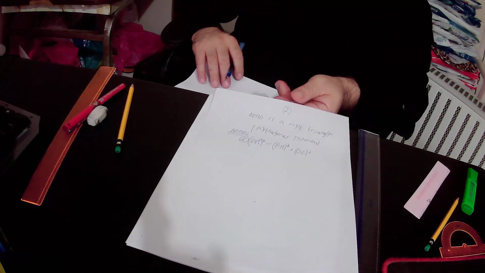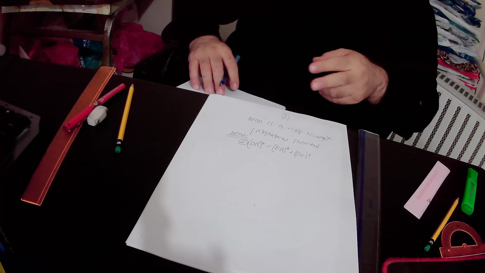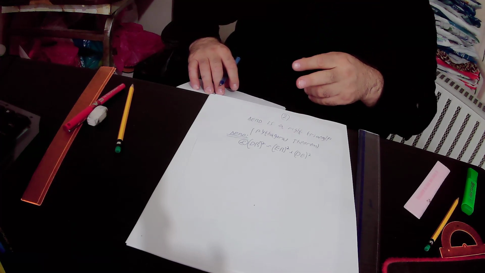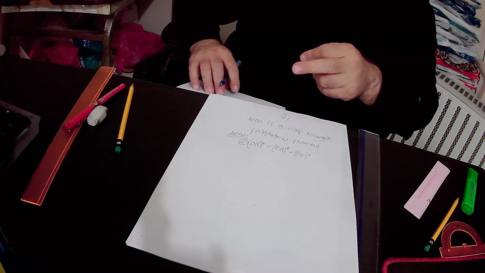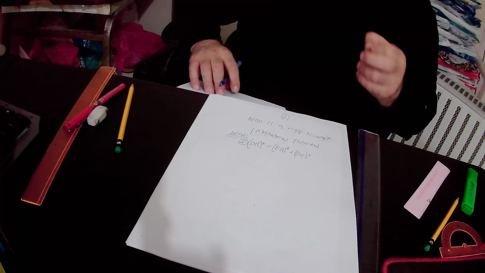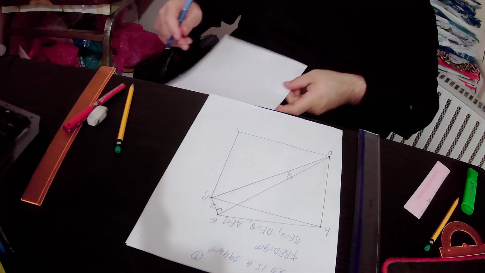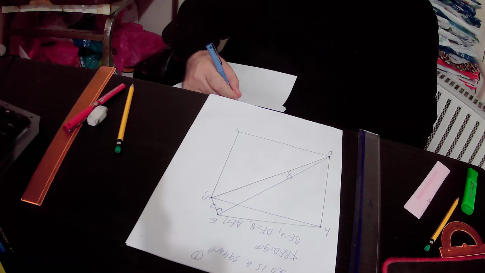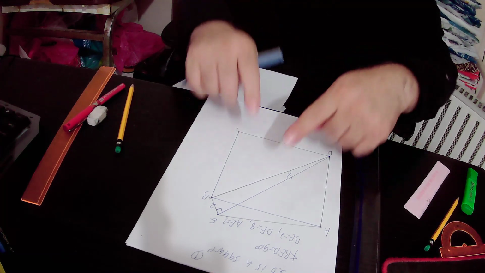Again, in the right triangle EBD, according to the Pythagoras theorem, DB square equals EB square plus DE square. So DB square equals EB square.